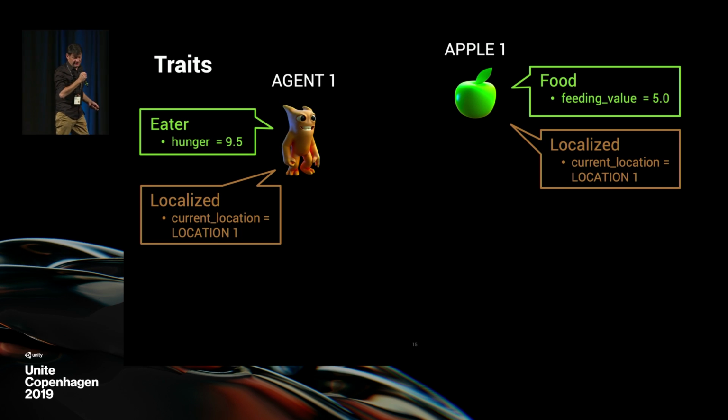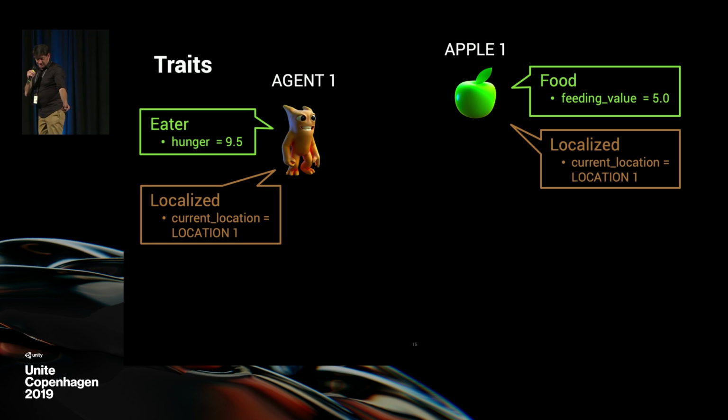So let's look a little bit closer at this agent eating an apple. The action will take two parameters, two game objects, one with the trait eater, one with the trait food. And in this game, you can eat some food only if you're at the same location. So we also want the eater and the food to have the localized trait, and we want them to be at the same location.